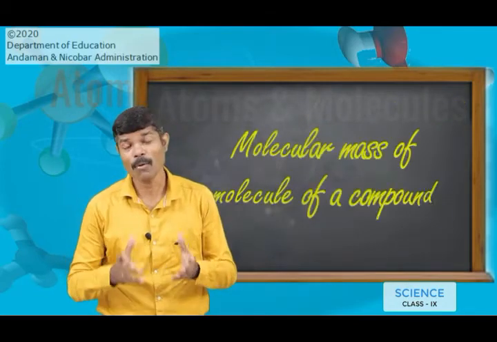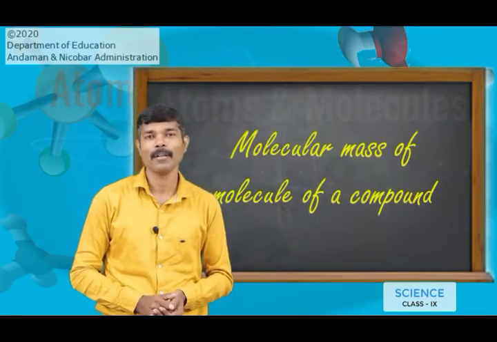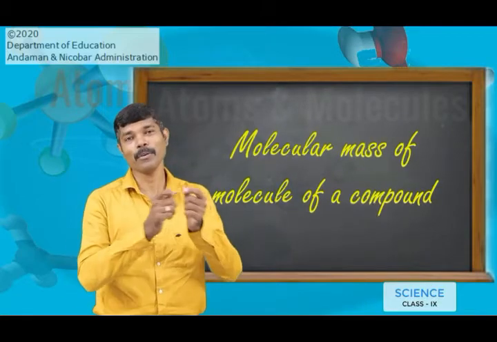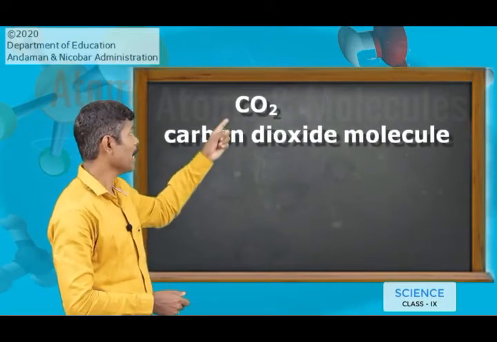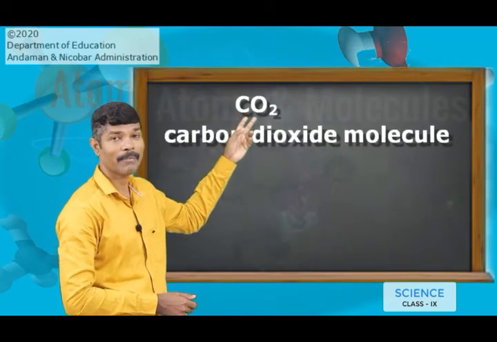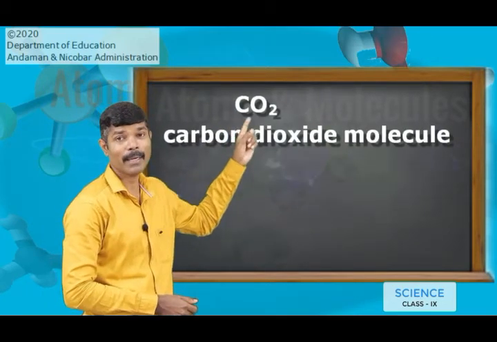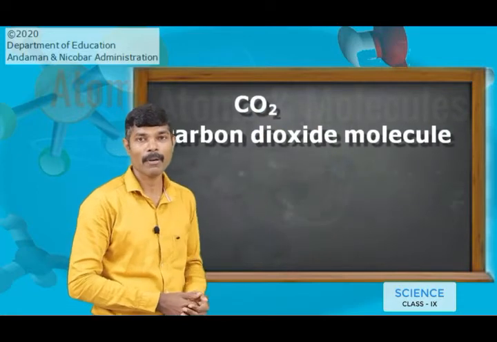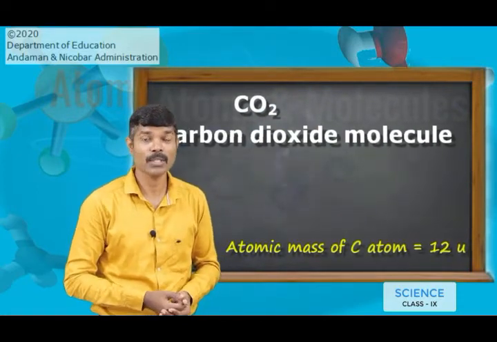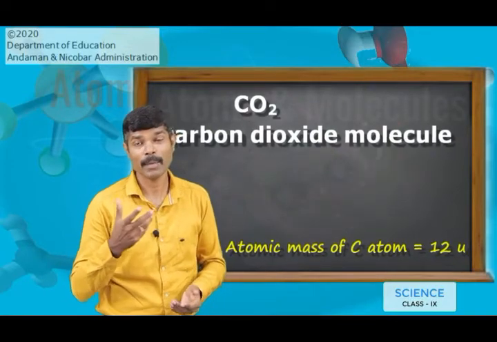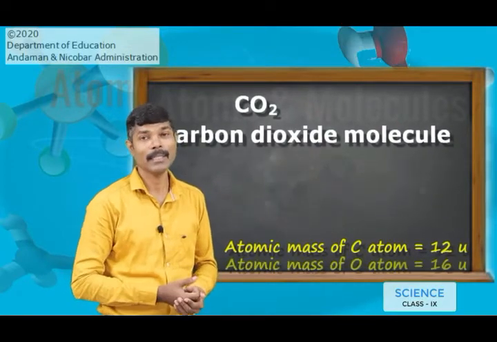Now we see how the molecular mass of the molecules of a compound could be found out. Take an example of carbon dioxide. Here in the carbon dioxide molecule, you can find 1 atom of carbon and 2 atoms of oxygen. We know the atomic mass of carbon is 12 and the atomic mass of oxygen is 16.